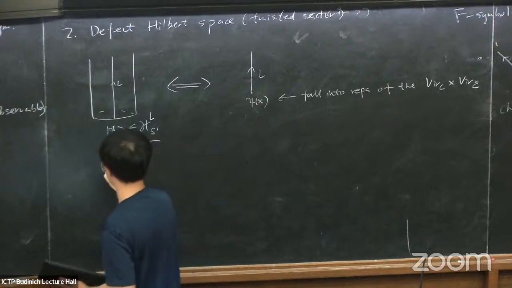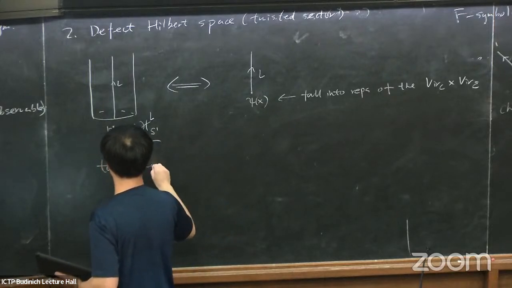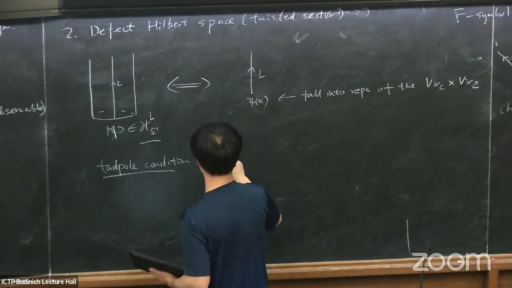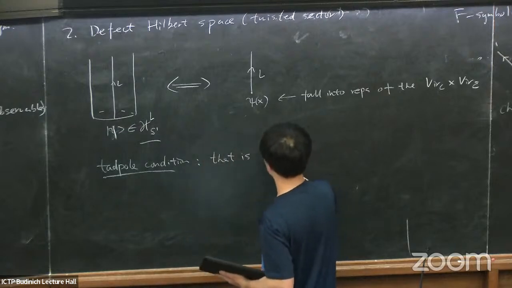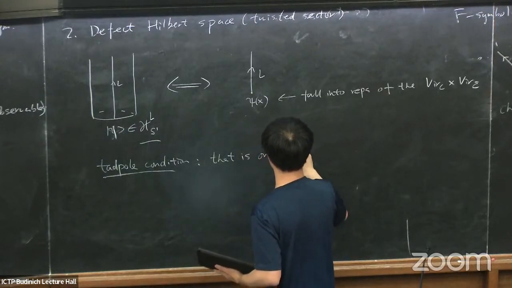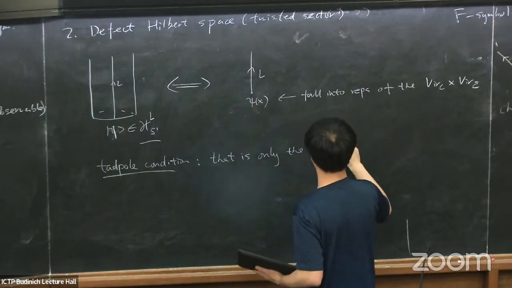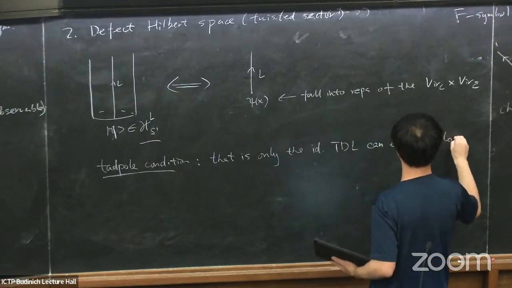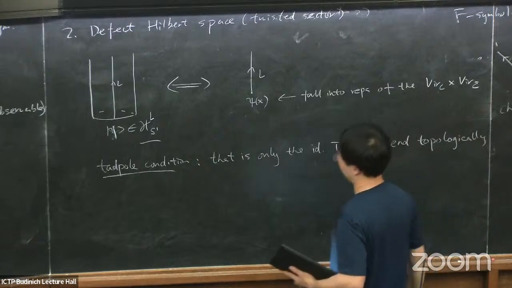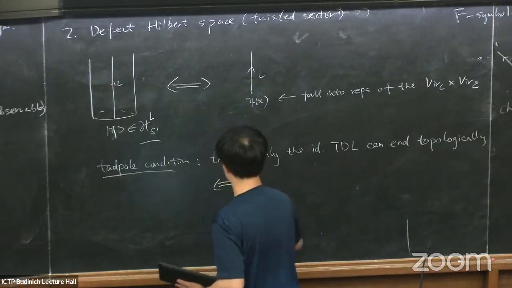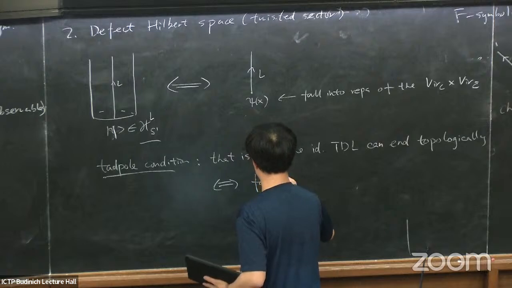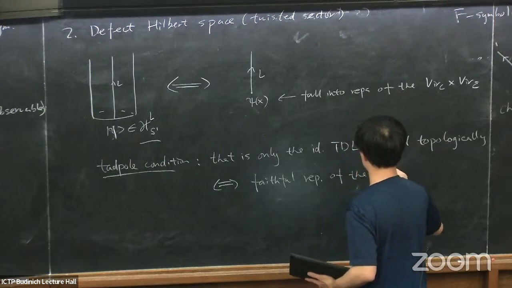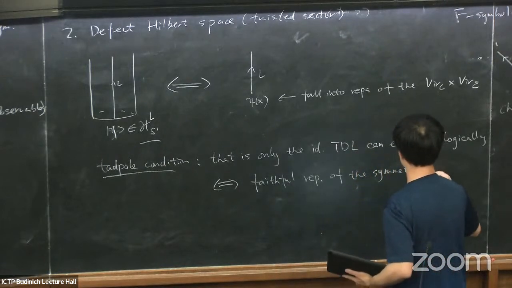Let me call it the typo condition: only the identity line can end topologically. This is equivalent to having a faithful representation of the symmetry, in this case the non-invertible symmetry generated by this topological defect, on the Hilbert space on S1.